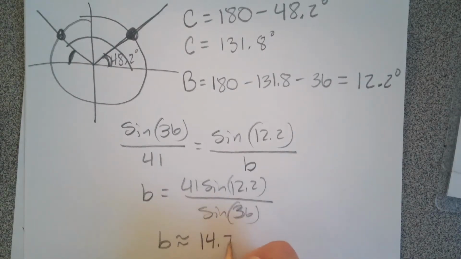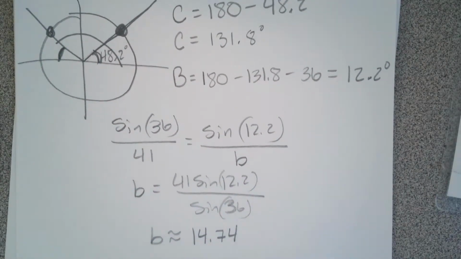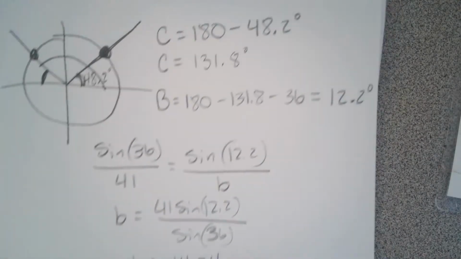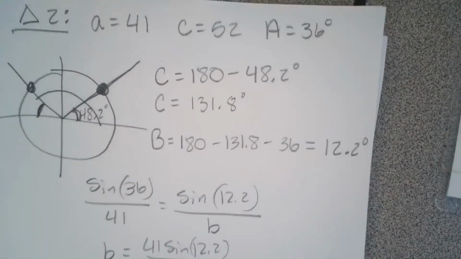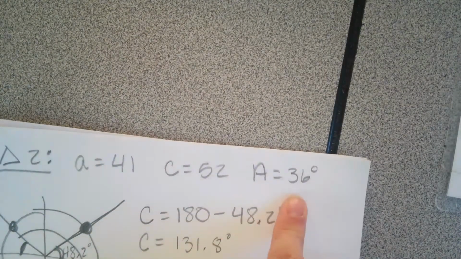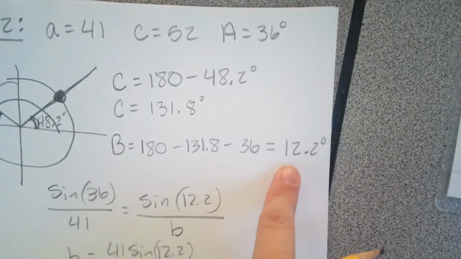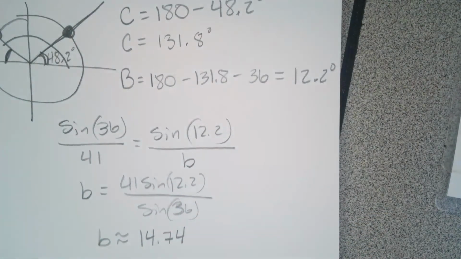Does that make sense? Yeah, right. What's the size of angle B? It's just 12, right? It's 12 compared to 131 and 36. So angle B being so small, it makes sense that side B is so small. And there we go. Those are our two triangles.